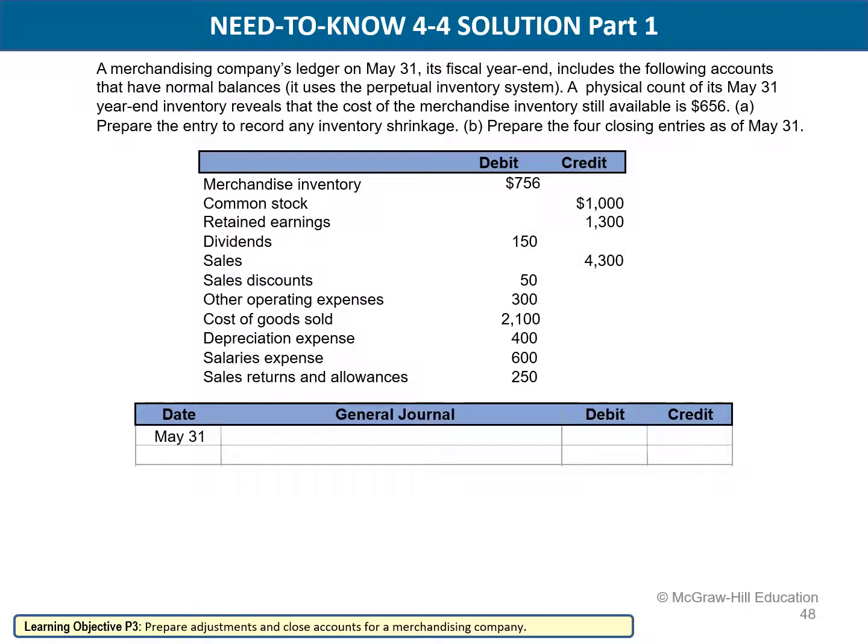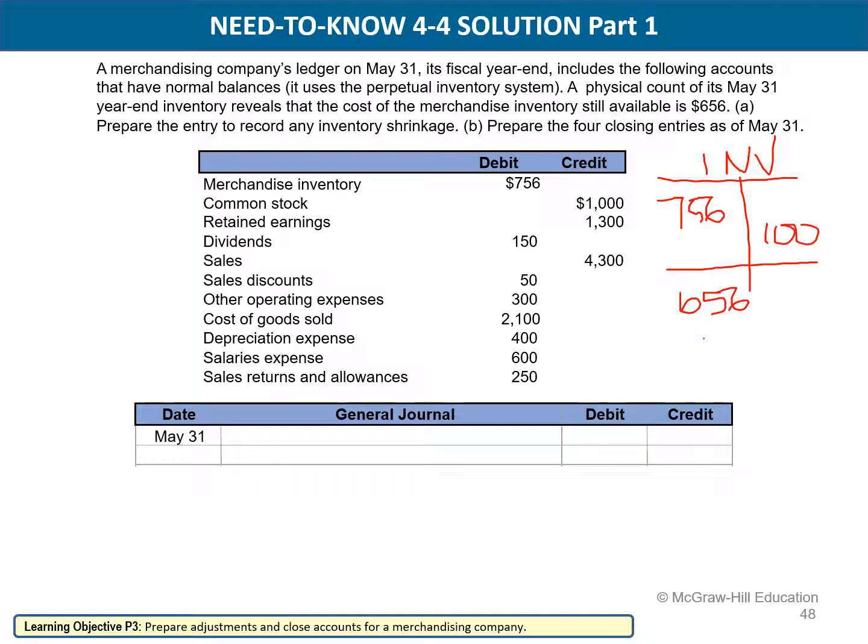All right, so letter A, prepare the entry to record shrinkage. Here's what's happening. We have our inventory T account that currently has a debit balance of $756. And they tell us that the inventory available for sale is $656. So how do we get from $756 to $656?